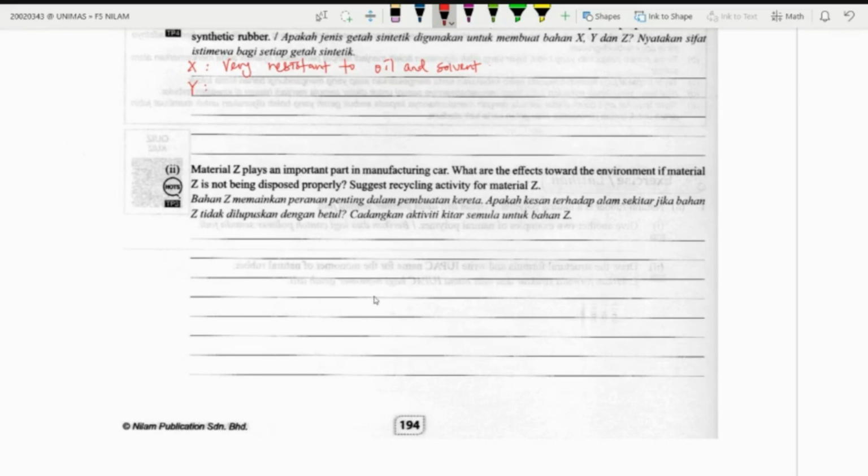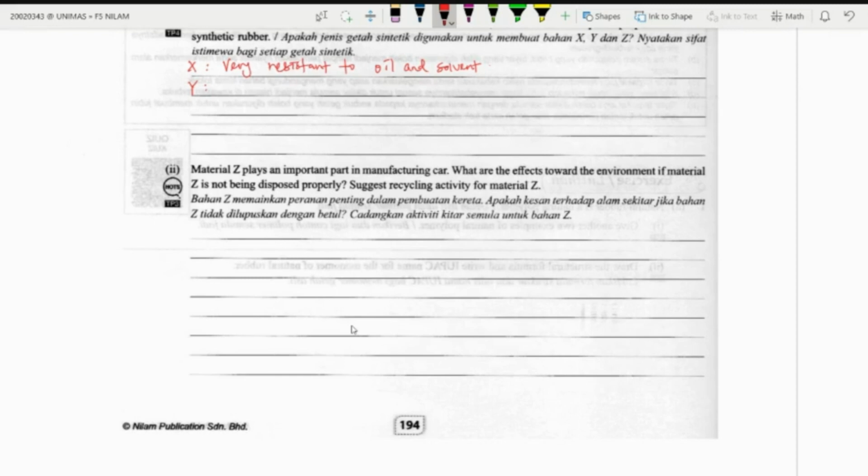Besides that? Pollute the environment, right? What else, class? Only two? How about the others? Prone to fire risk.